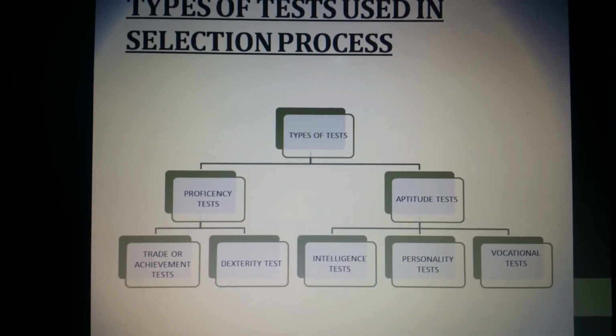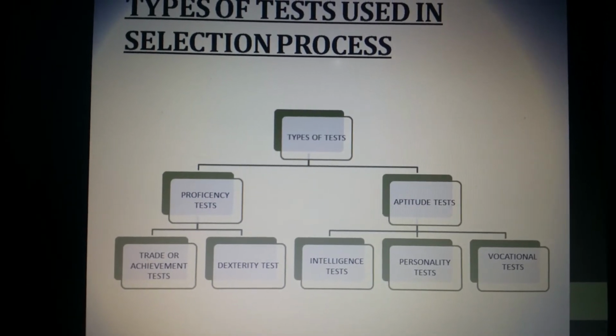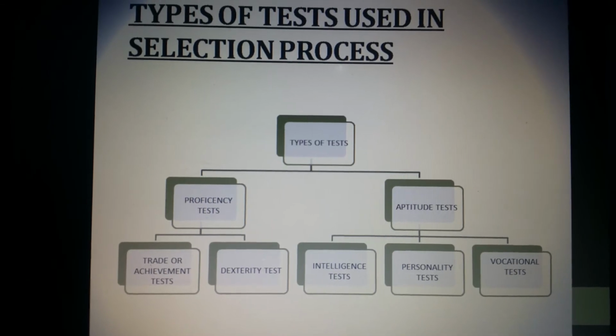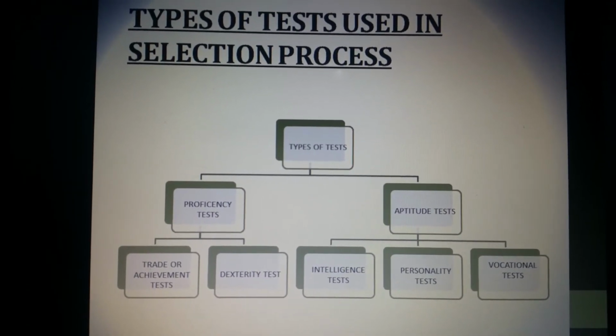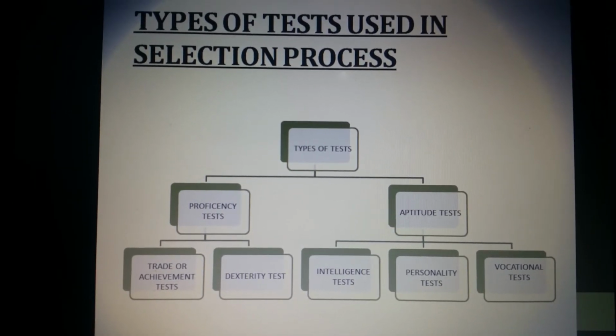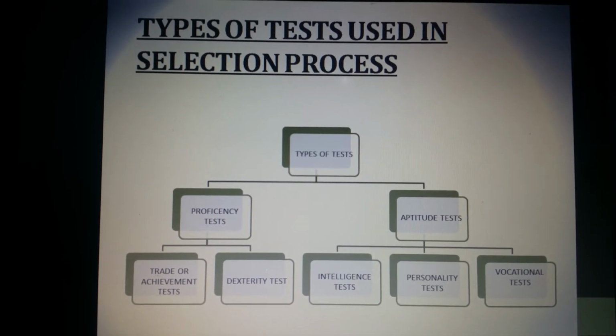Further, let's look into the classifications of proficiency tests. Proficiency tests can be classified as trade or achievement tests and dexterity tests. Now, the trade or achievement test is a test which basically measures the knowledge and proficiency which is already possessed by a candidate.